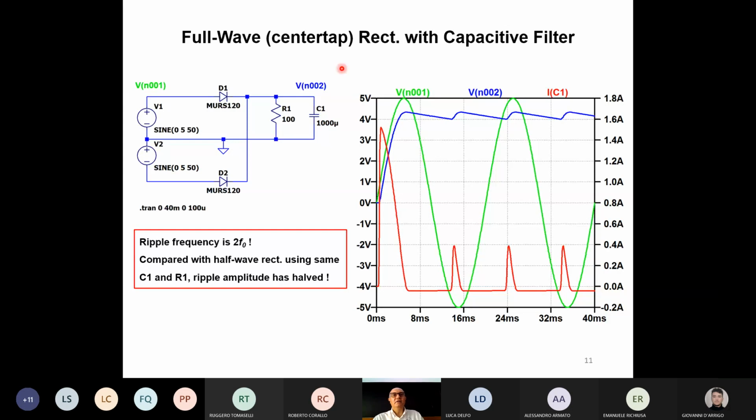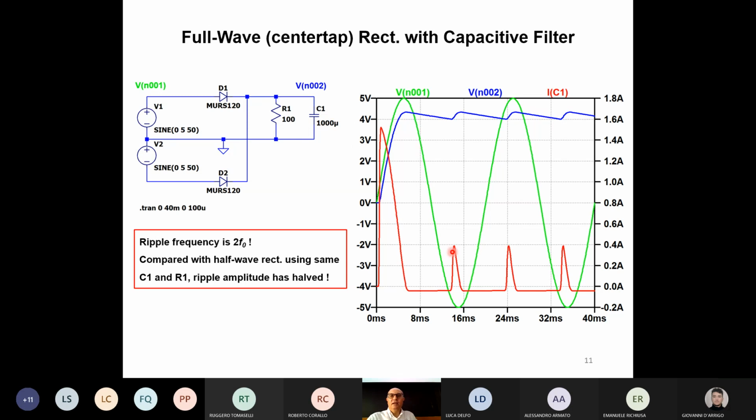This is the full wave, center tap circuit. What happens here? Again, here I placed 2 generators, 2 diodes. Here we have a common ground, so we are lucky in this case. Once we know how the circuit works, I only placed here the current through the capacitor.